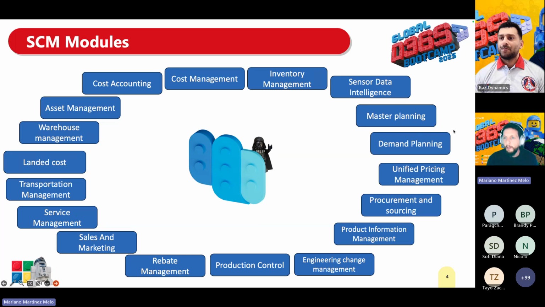Then we have master planning, which is to plan all the procurement orders that are going to be part of our plan to fulfill all the demands. Followed by that, we have demand planning. Demand planning is one of the Power Apps applications that connect directly to Dynamics.